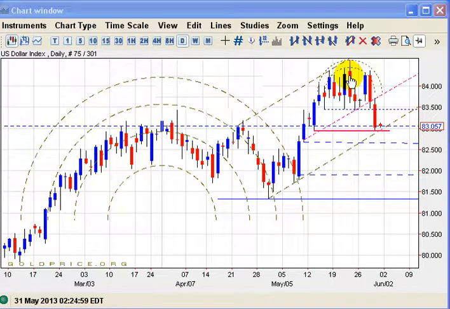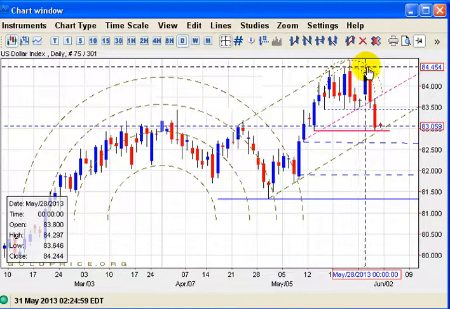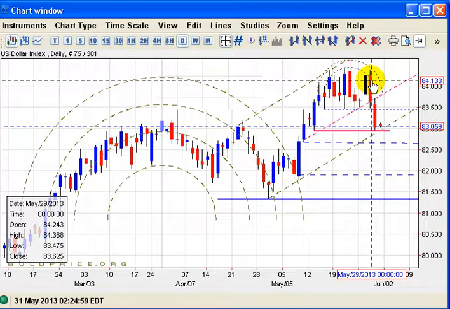On this level, the daily price was established at 84.36, as indicated in the information data on the left-hand side of your screen.